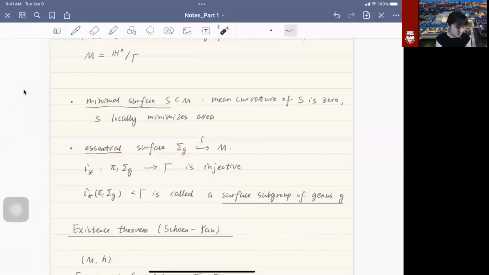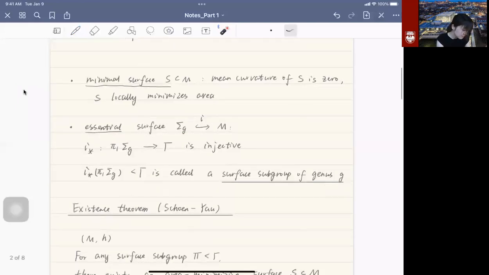And it is essential if the injection from Sigma_g to M induces another map on the fundamental groups, and this map is injective. Moreover, we can see the image of pi_1(Sigma_g) is a surface subgroup in Gamma of genus g.